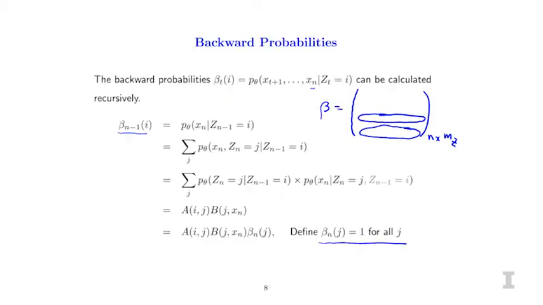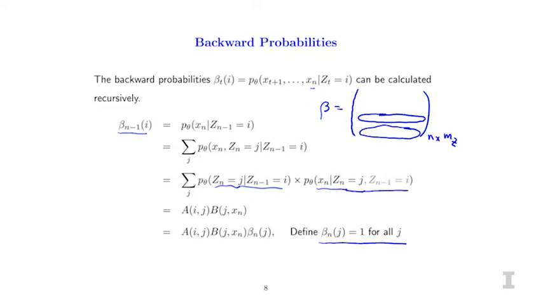For this probability, again, we play the same trick where it's just going to be the marginal of z_n times the conditional of x_n given z_n. Of course, the original conditioning z_{n-1} is always behind the bar in each of the calculations.